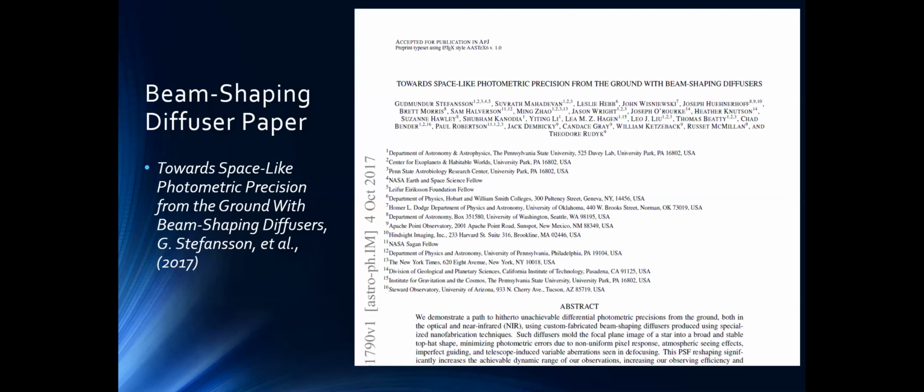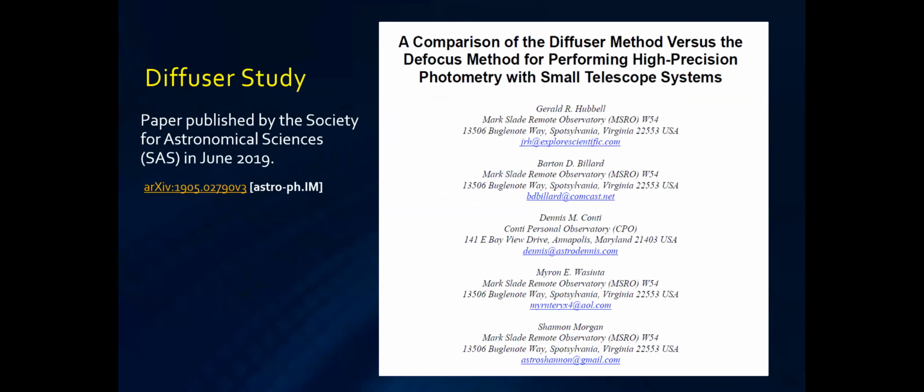So what I'm going to be talking about is based on a paper that I discovered in October 2017 called Towards Space-like Photometric Precision from the Ground with Beam Shaping Diffusers, and it presented a very interesting device called an engineered diffuser.